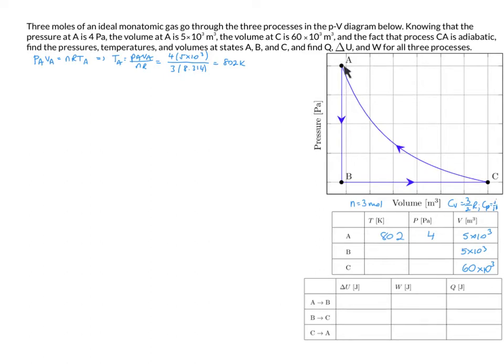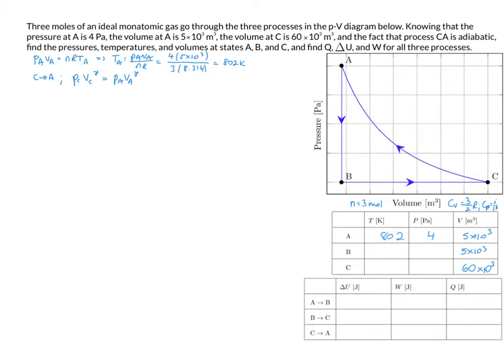Well, which process do I go along? If I try to go between this point and that point, I know pressure and volume at A, I know volume at C, so I can use the adiabatic process here to figure out what the pressure is at point C. So for an adiabatic process, if I go from C to A, I know that PC VC to the gammath power equals PA VA to the gammath power.